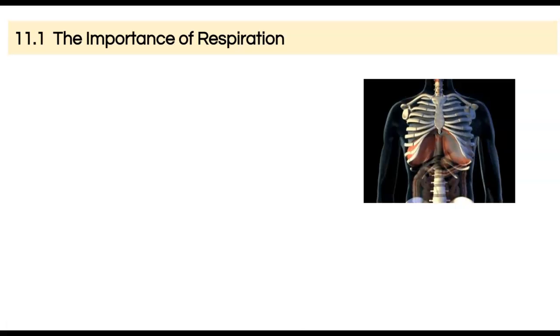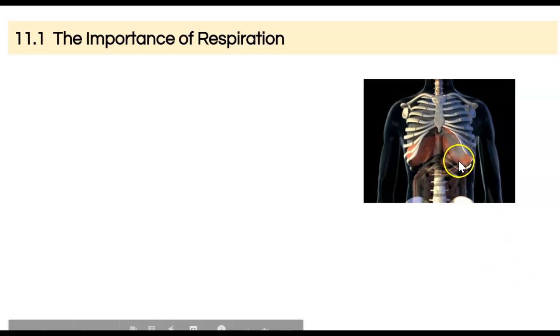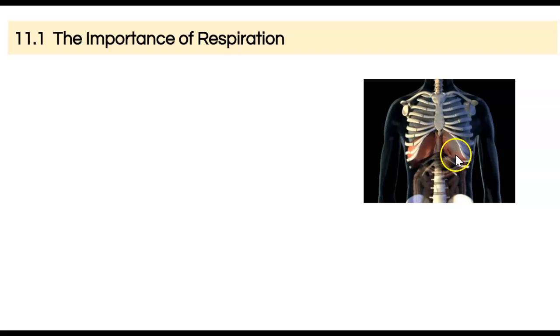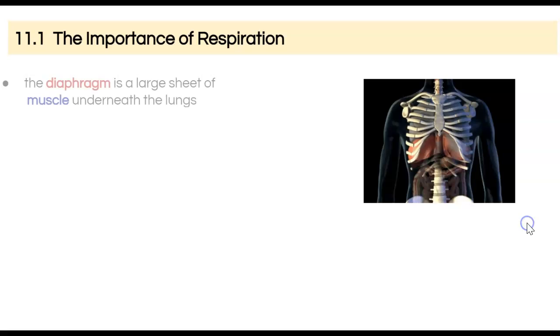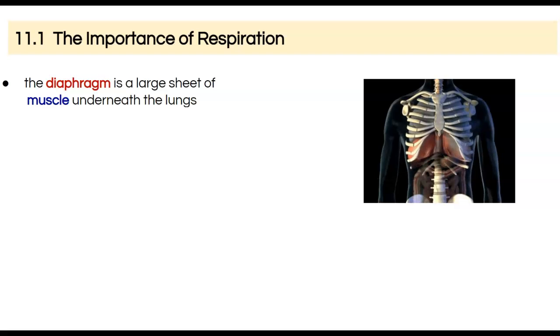Okay, so now the next phase of respiration I'm going to hold off on because I still want to talk about just breathing in general. And there are a few structures here that need to be highlighted. I'm hoping you're noticing this muscular flap that's beneath the rib cage. And I'm also hoping that you know what it's called. It is the diaphragm. And so basically that's what it is. It's a big sheet of muscle that's right underneath the lungs.